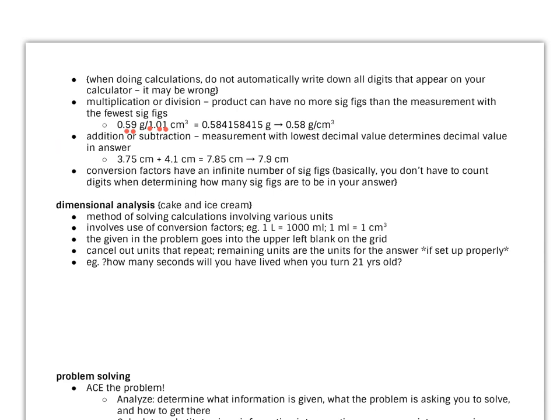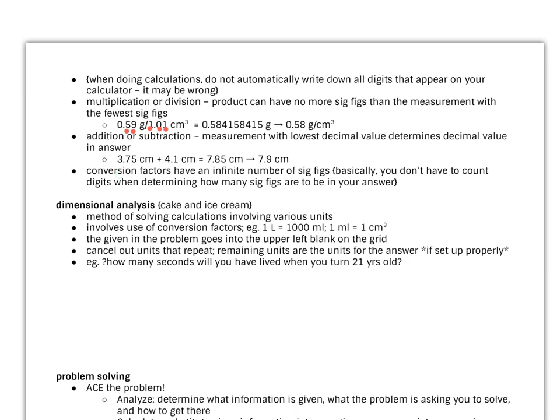Okay, with addition or subtraction, the measurement with the lowest decimal value determines the decimal value in the answer. So here we're not concerned with sig figs in addition or subtraction. We're concerned with how many decimals they had, because if they had more decimals, this number is way more specific than this number. This number we know that they're more sure about it.